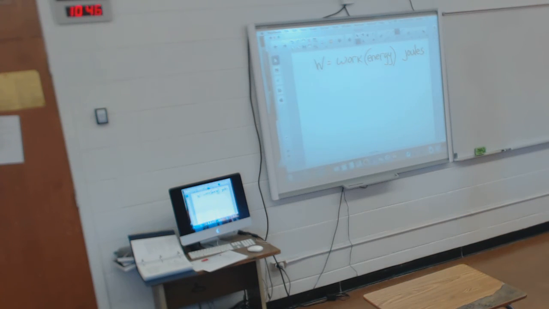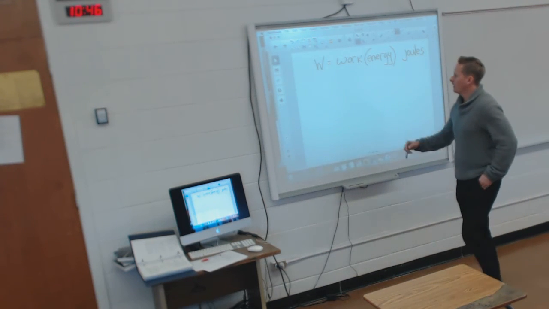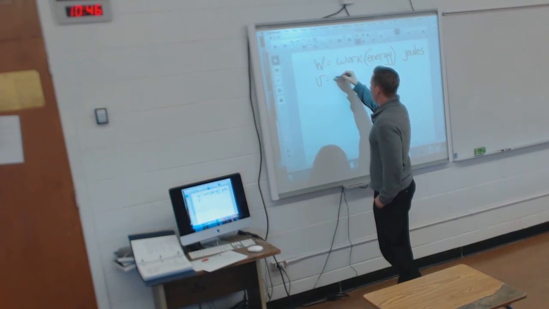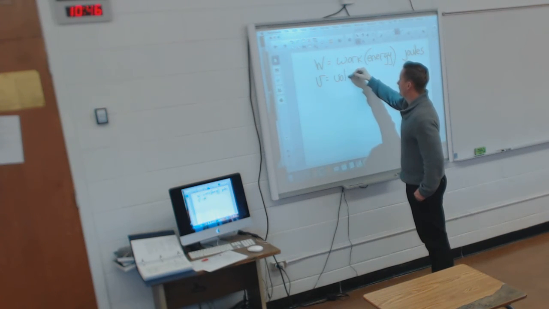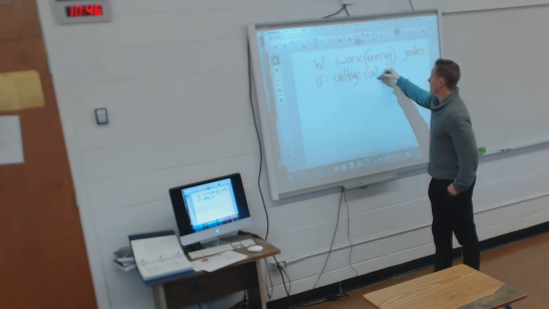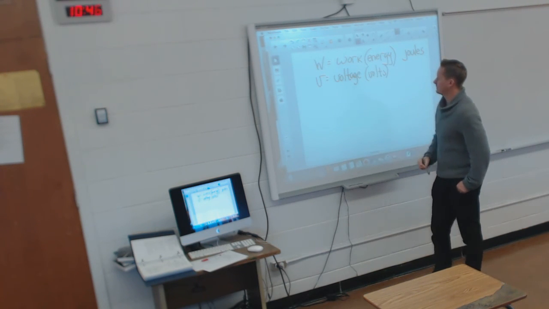I want to write this down. So work or energy is measured in joules. V represents voltage. Our unit of measurement for voltage is the volt.